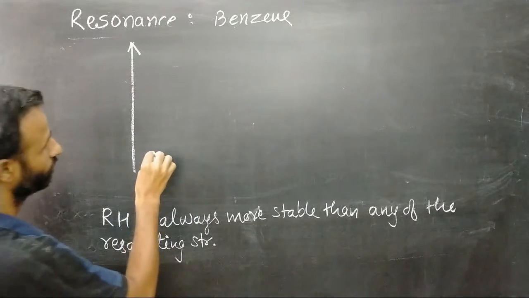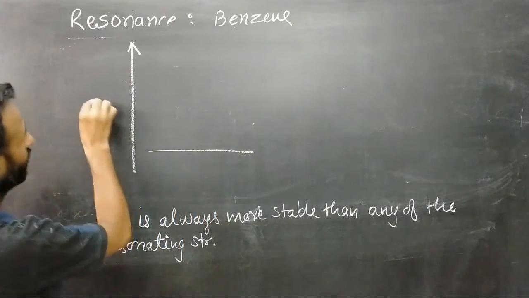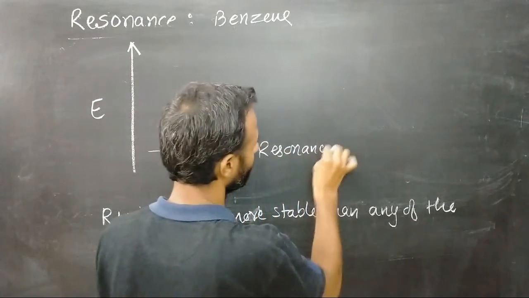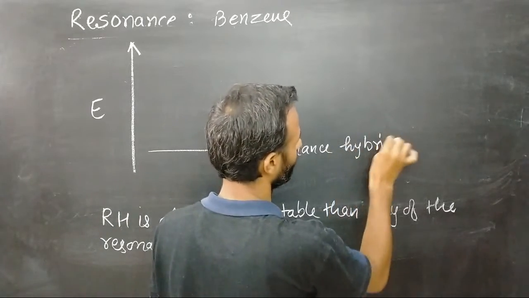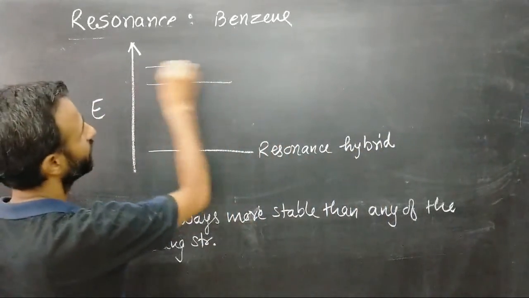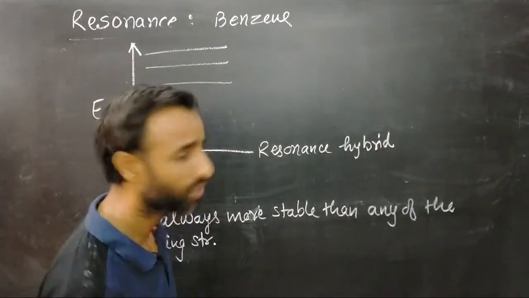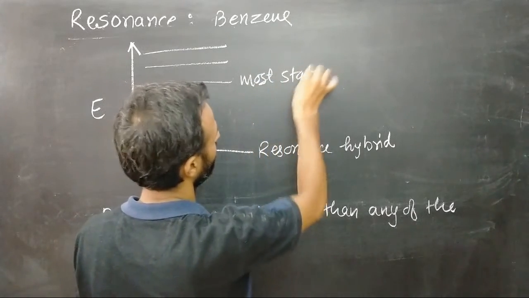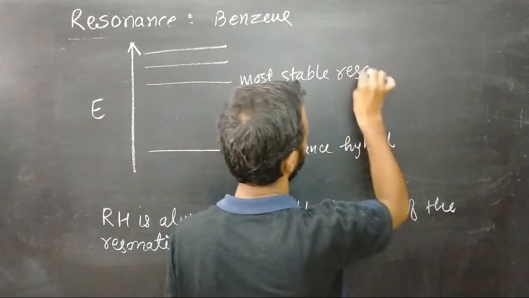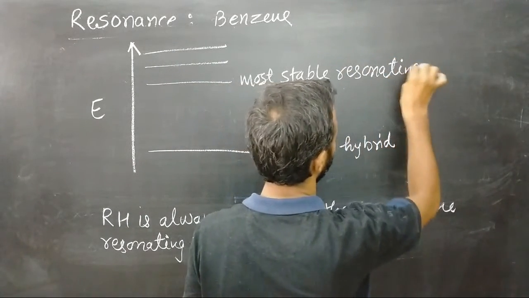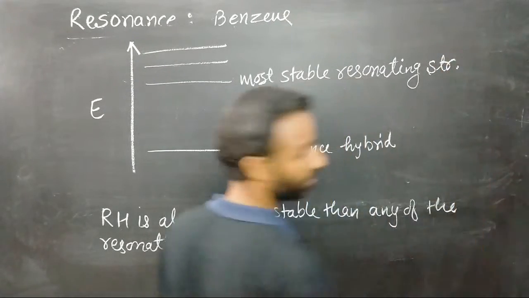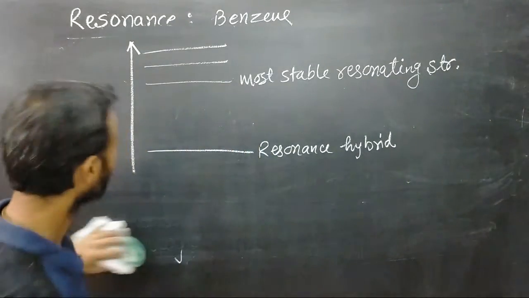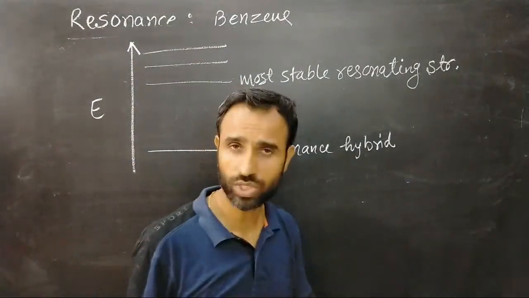So, if we talk in terms of energy, the energy of resonance hybrid is least because it is most stable, and among the different canonical structures, the one which has least energy is the most stable resonating structure.